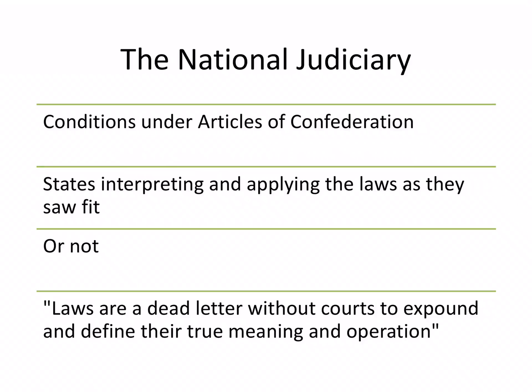Okay? All right, so under the Articles of Confederation, there was no national judiciary. There were no national courts. And so the conditions under the Articles of Confederation were such that the states interpreted and applied the laws as they saw fit, or they didn't, right? Every state managed their own affairs, whether the methods contradicted the methods of other states.